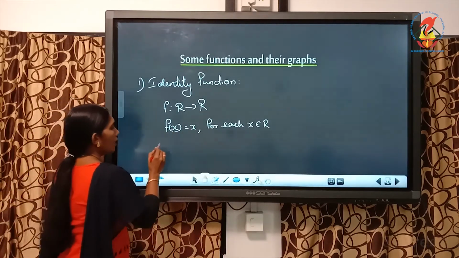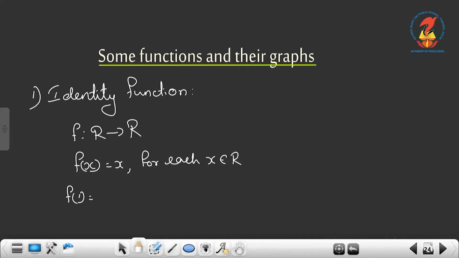This means if I give x as 1, the answer part is also 1. So f of 1 is equal to 1. What is the name for this? f of a is equal to b. If (a, b) belongs to f, then f of a is equal to b.